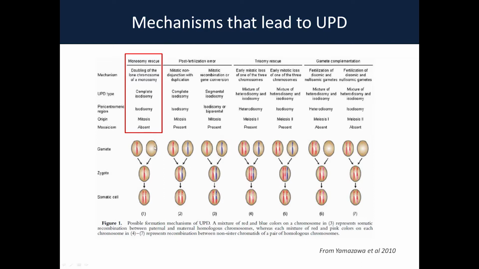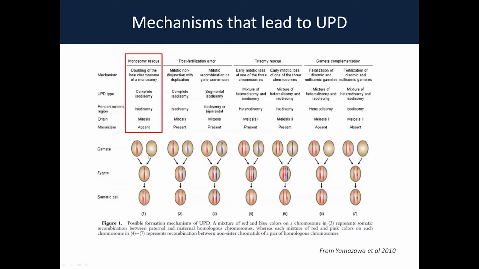So basically what we think has happened is that the sperm was normal, but the egg was originally missing chromosome 9, so the zygote was initially monosomic for chromosome 9, which would normally be lethal, but then there's been a rescue event, and the daughter cells of that rescue event have outgrown the non-rescued cells.